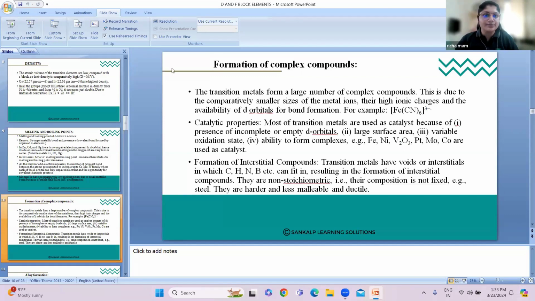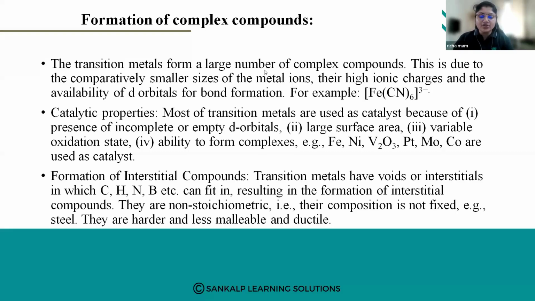So let us discuss the formation of complex ions, formation of complex compounds. Transition metals have the tendency to combine with ions or neutral molecules, and they form complexes.